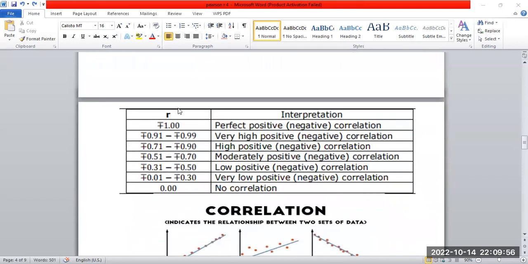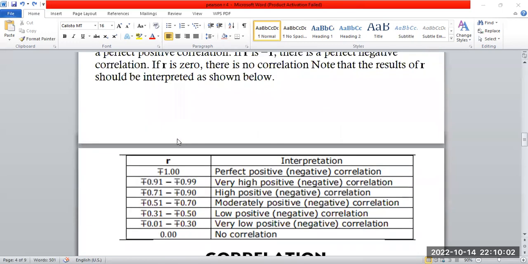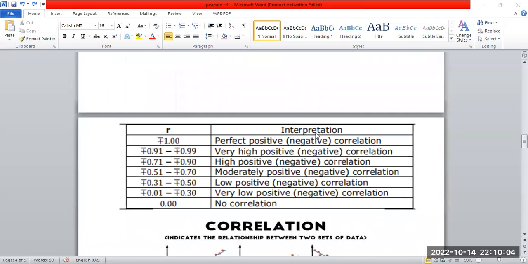So this is the table. These are, for example, the R or the Pearson correlation coefficient, and ito yung interpretation. When you get R equal to positive or negative, the sign indicates positive or negative. So it can be +1 or -1. If it's +1, it's a perfect positive correlation.